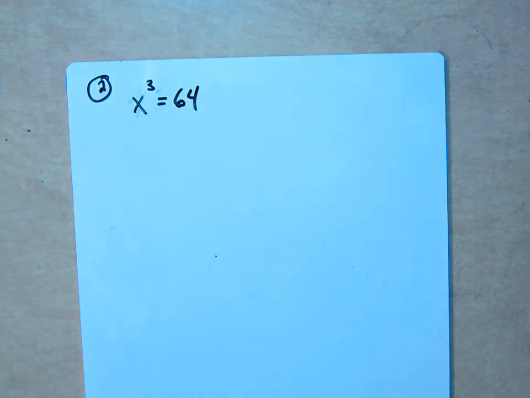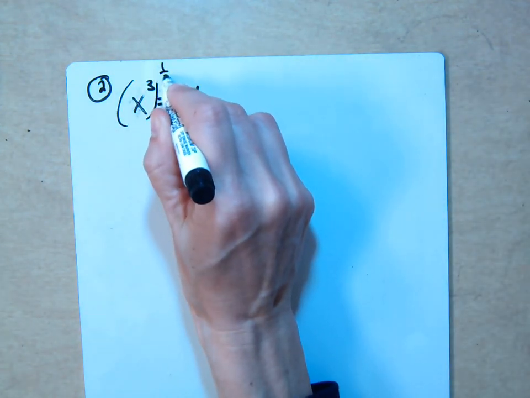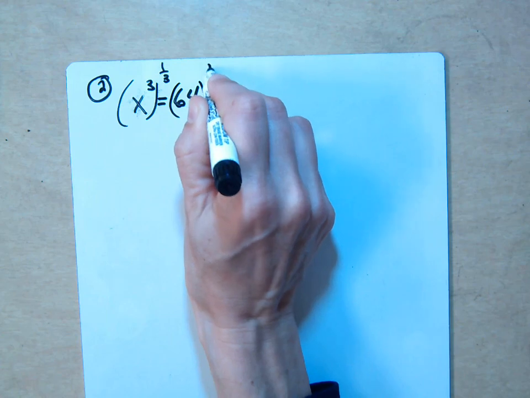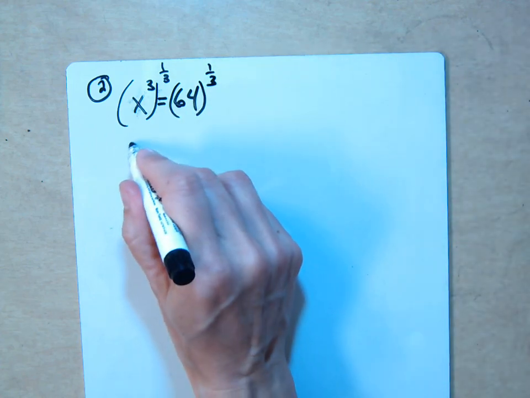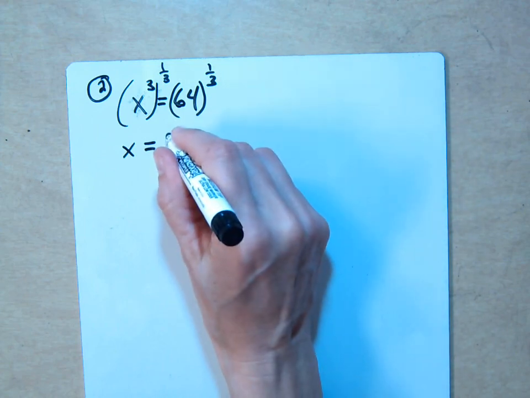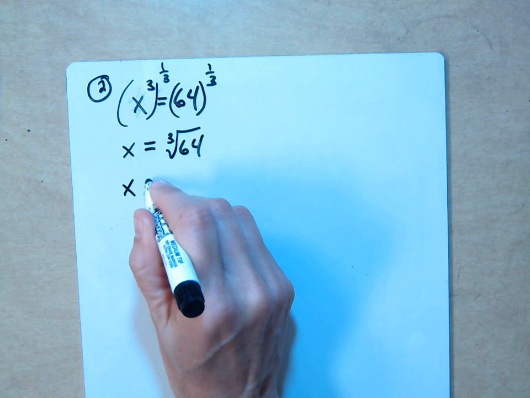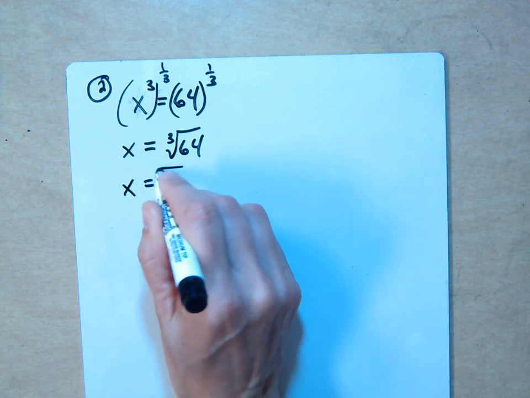So what could you raise this to? The 1/3 power, right? Or you just take the cube root, but raising to the 1/3 power is the same thing. So the cube root of 64, which is just 4. Right?